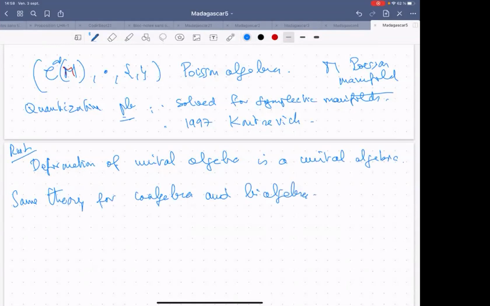And here also we have an interesting result, which says that unit, co-unit, and antipode are conserved by deformations.